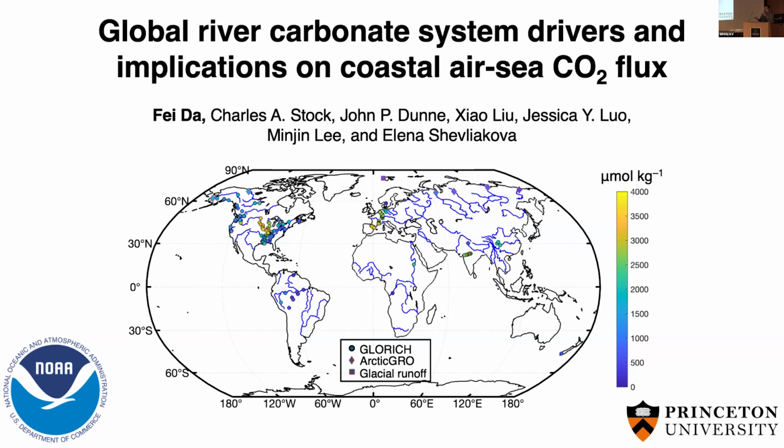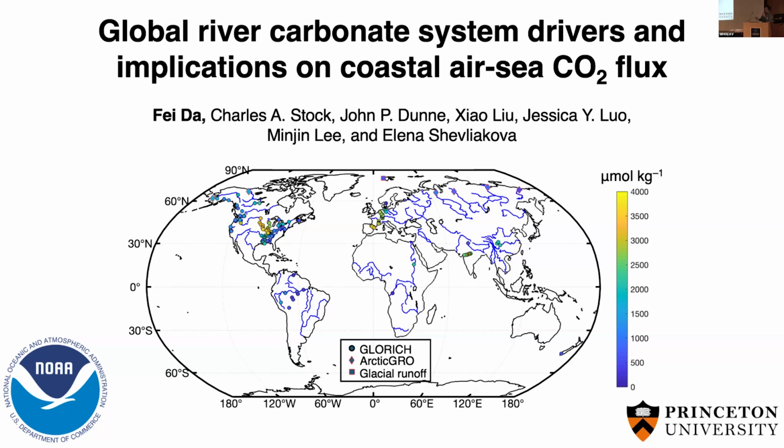Instead, they either set the concentration to 0 or just use one single value across the board. So that's why we wanted to use available river chemistry data to develop a new, more complete river alkalinity and DIC concentration for future global model simulations.